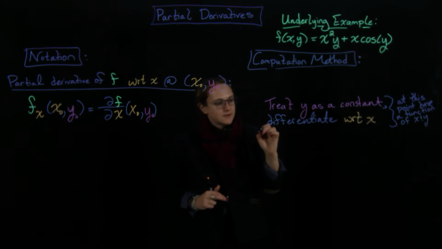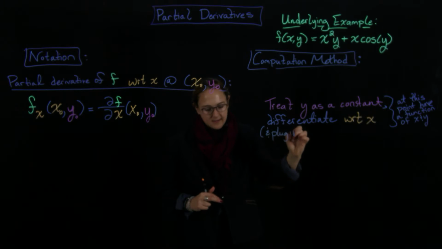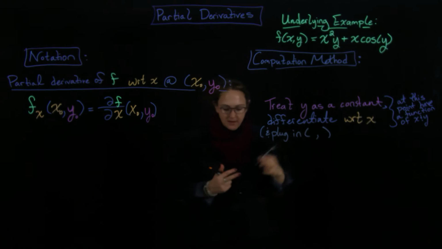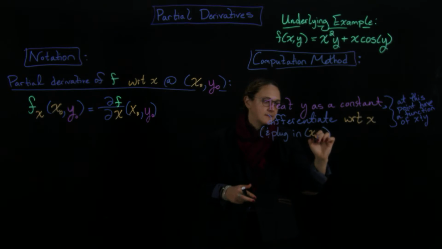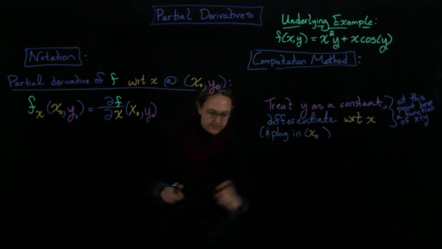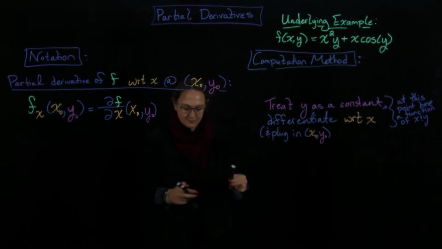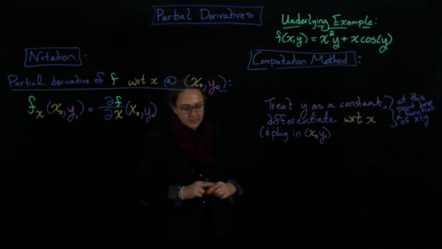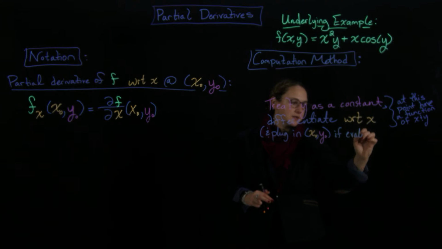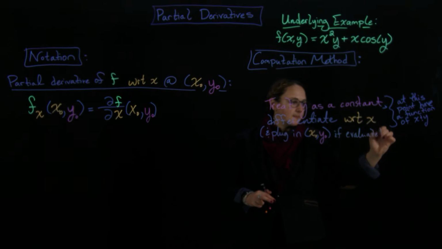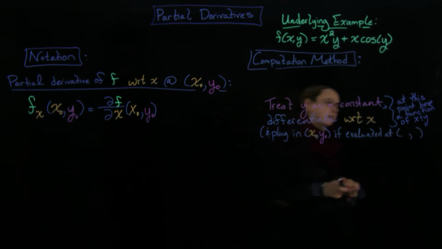But the next step would be to plug in x naught and y naught into this function. If we actually wanted to evaluate that function at something, we evaluate at x naught and y naught.